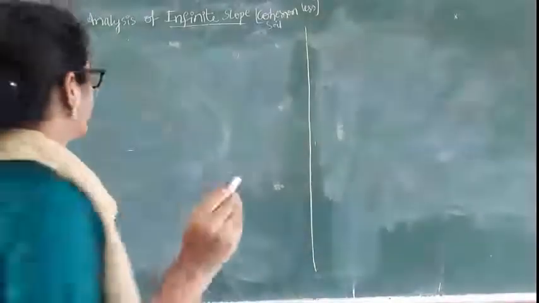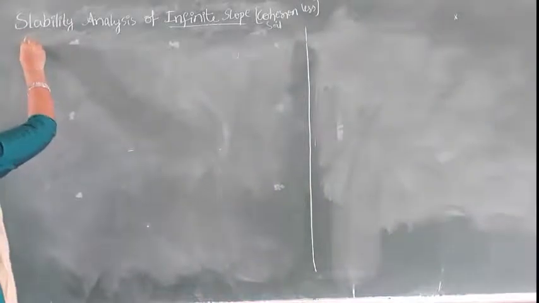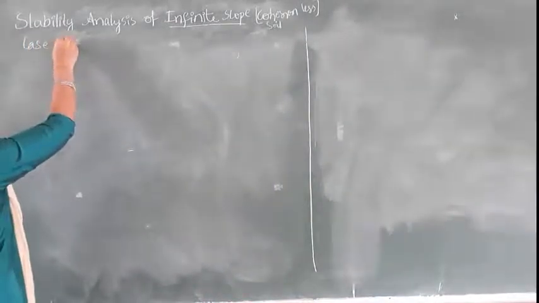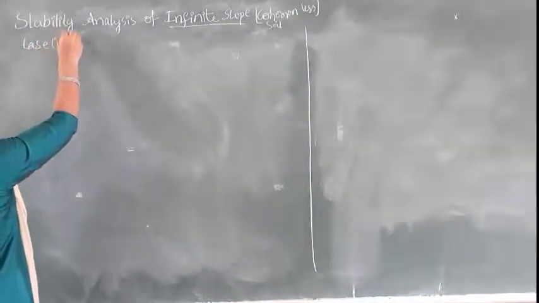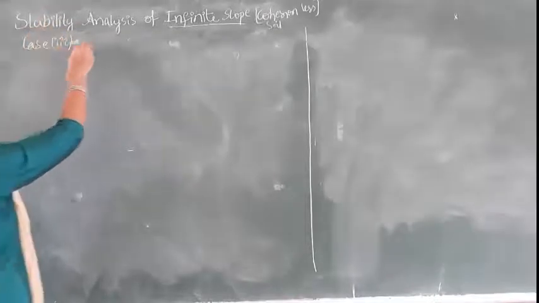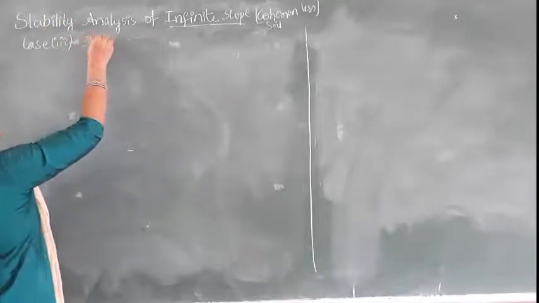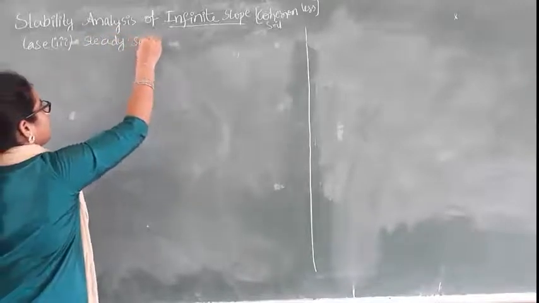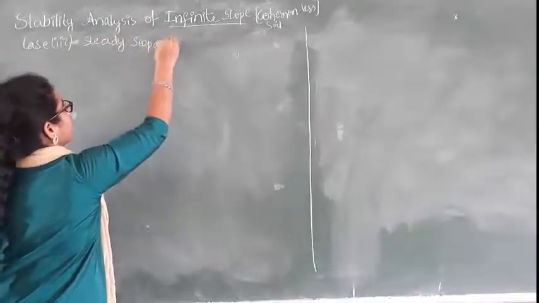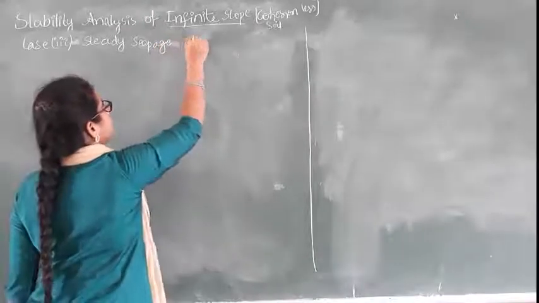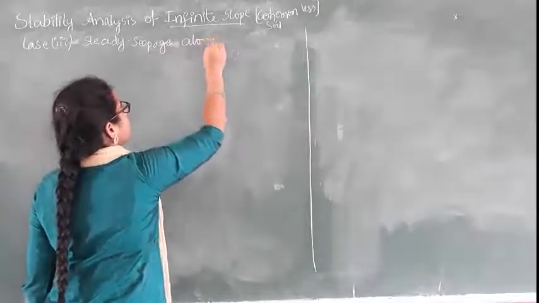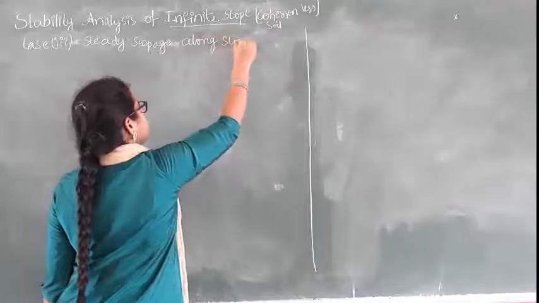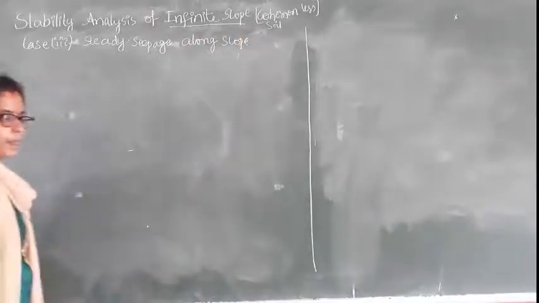So students, now we discuss case 3. When there is steady seepage along the slope, what is the change in the factor of safety? Okay.